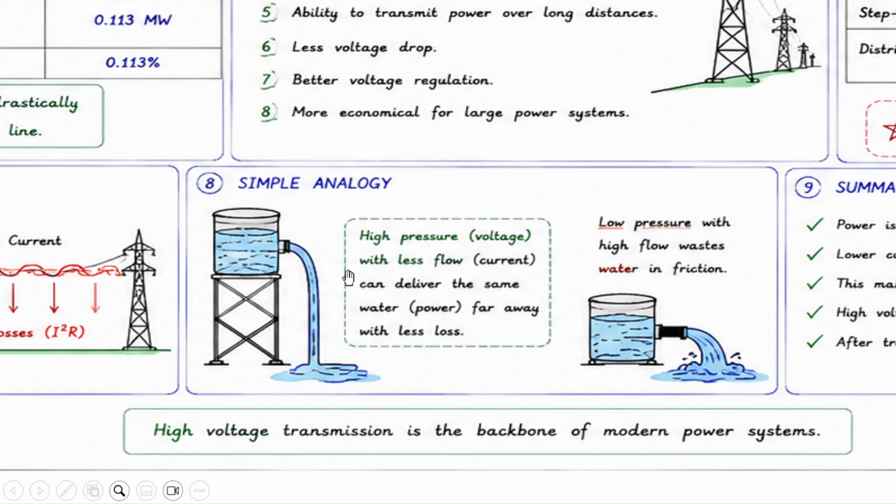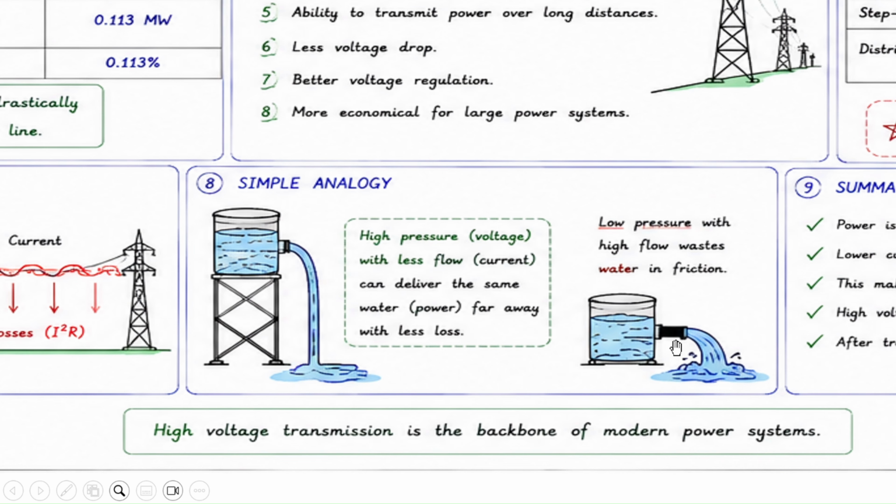And we can compare the high pressure with the voltage. As we've seen, if we have a high voltage, the current will be less. And with the water analogy, if we increase the pressure of the water by reducing the size of the outlet, we can deliver the same water to a far away distance, but with less friction, or less current.